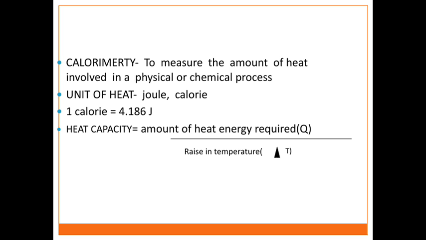And what is the unit of heat capacity? The unit of heat, we already discussed, is joule. And for temperature, it is Kelvin. So it is measured as joule per Kelvin. Joule divided by Kelvin can be written as joule Kelvin inverse.